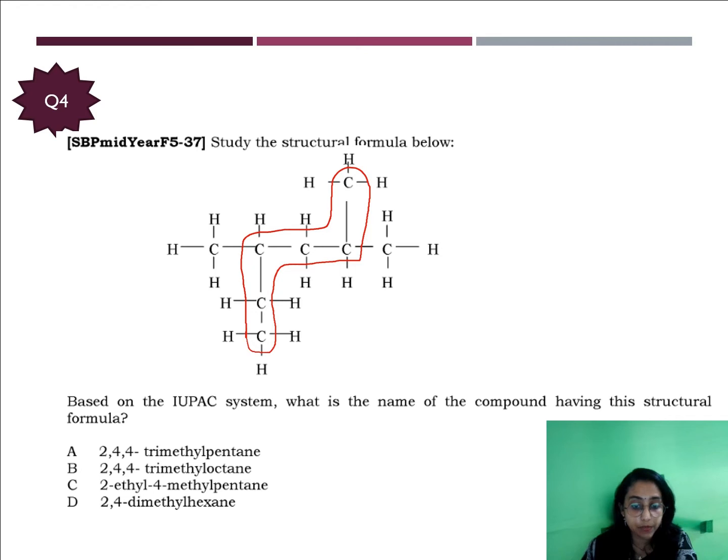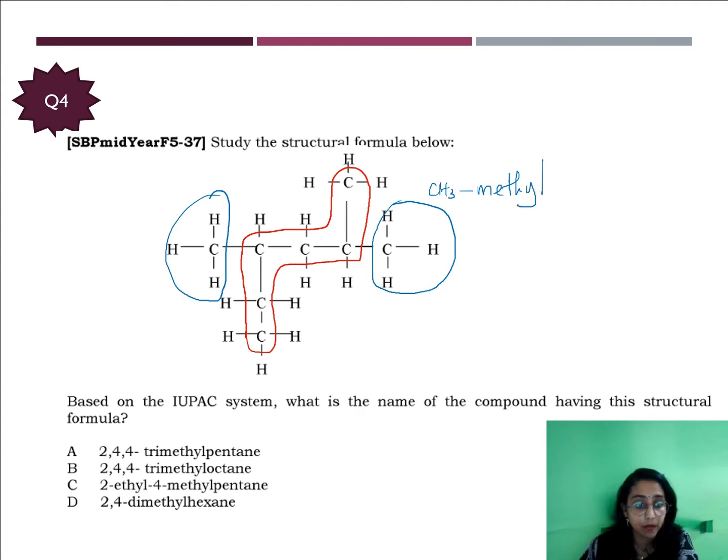Right now we see there is carbon left out, which is not included in the longest carbon chain. This is called an attached group. When you find CH3, this is an attached group. The name of it is known as methyl. Right now I have two methyl groups attached to the longest carbon chain.